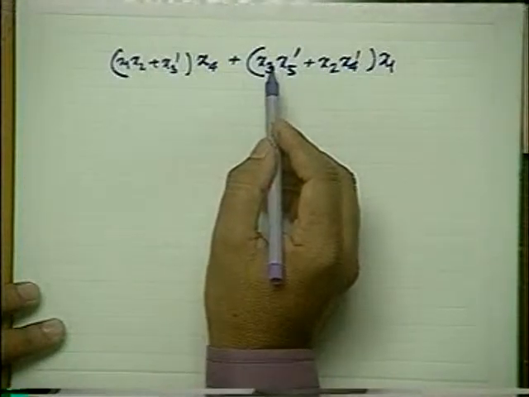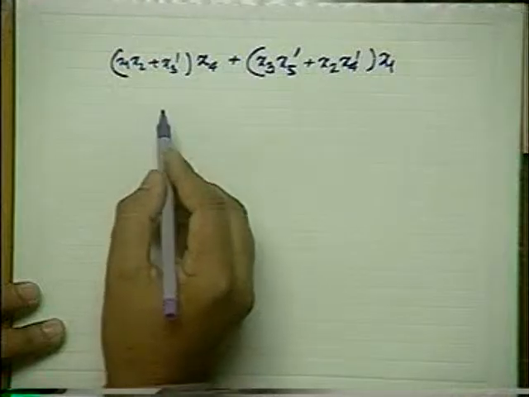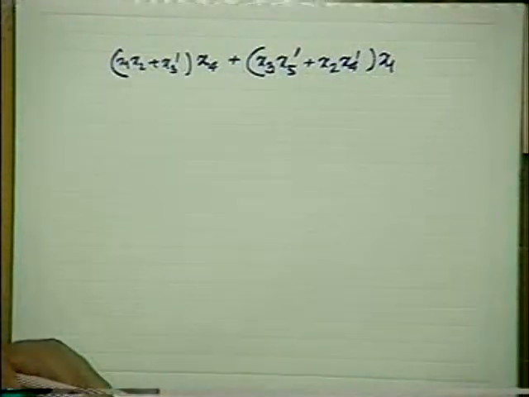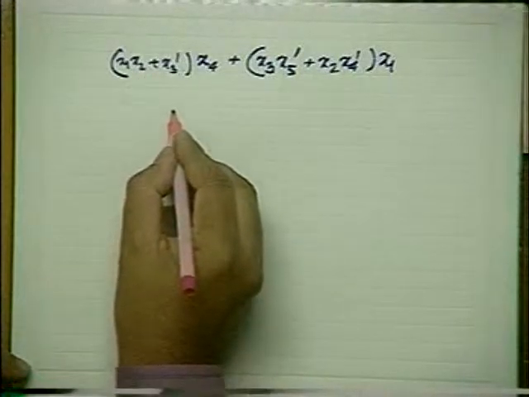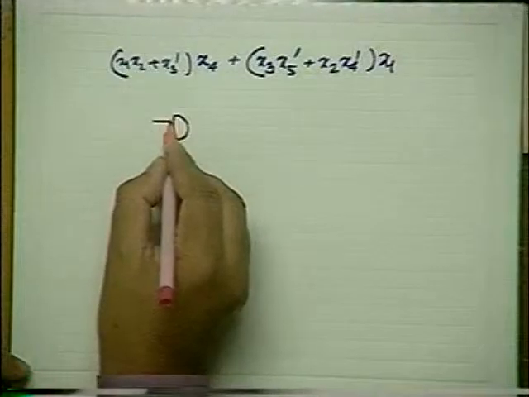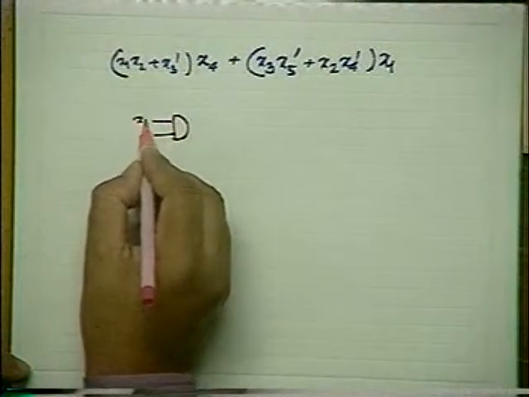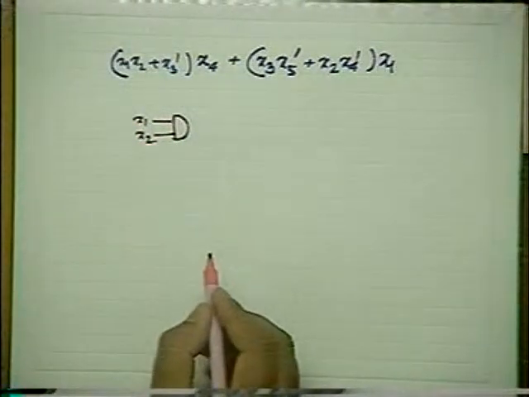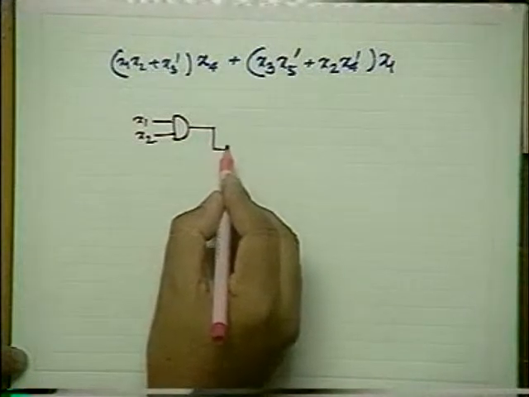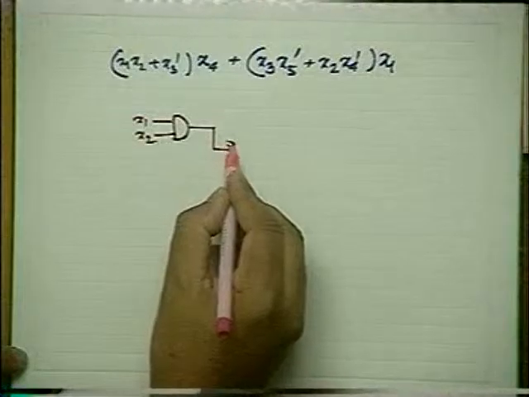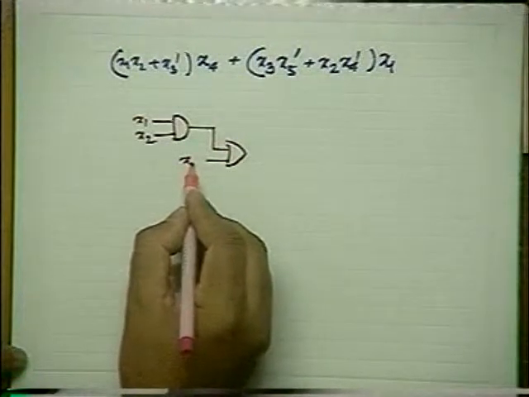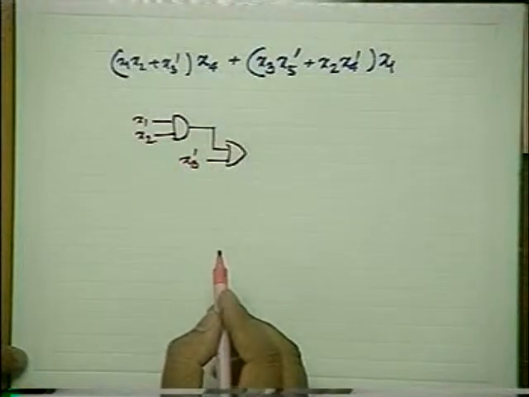Now, the thing is that let us realize it this way. Let us see, first we realize x1, x2, this x3 bar, right.